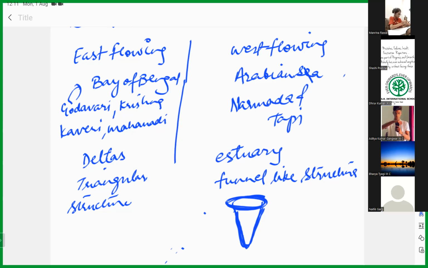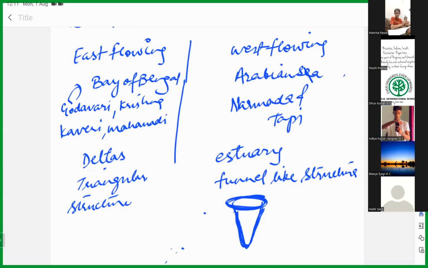Where we have soft surfaces, like rivers flowing in the plain regions where the land is very soft, they form deltas, and these deltas are considered to be very fertile regions. Estuaries have no such qualities, but they are funnel-like structures formed by the river in due course of its time when it is finally meeting the larger water body. Clear to all of you?